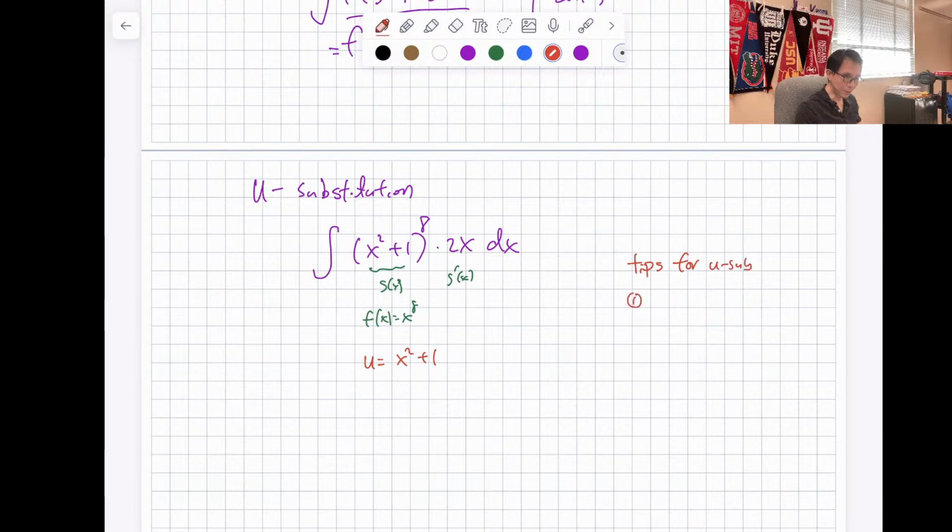The first tip is always set u equal to the inside of the parentheses.